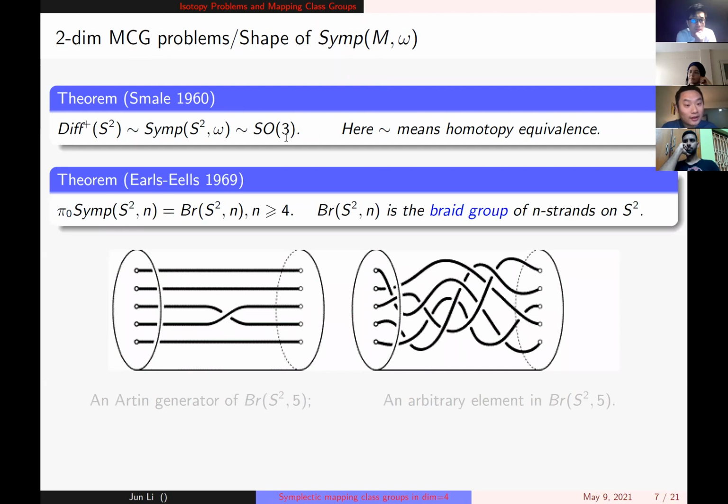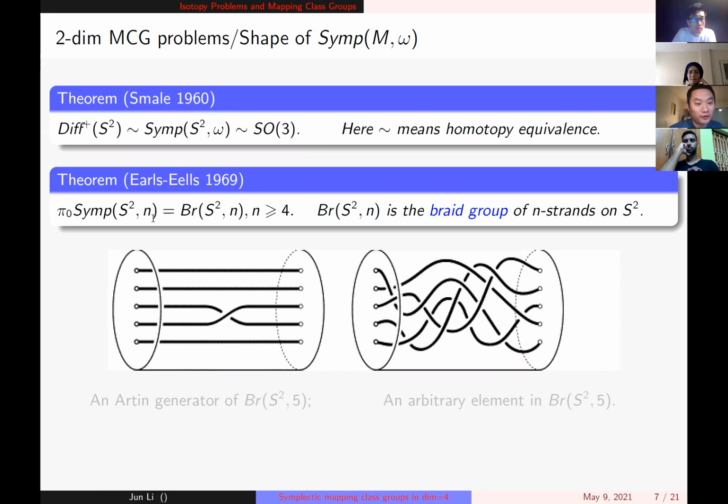Later, Abreu and McDuff's predecessors, Earle and Eells, actually reproved Smale's theorem and generalized it to the puncture case using Teichmüller theory. I'm only stating a partial result of theirs here.